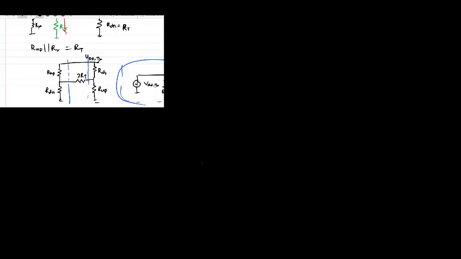plus RT divided by R up parallel R down times VDD TX into R up by R up plus R down.